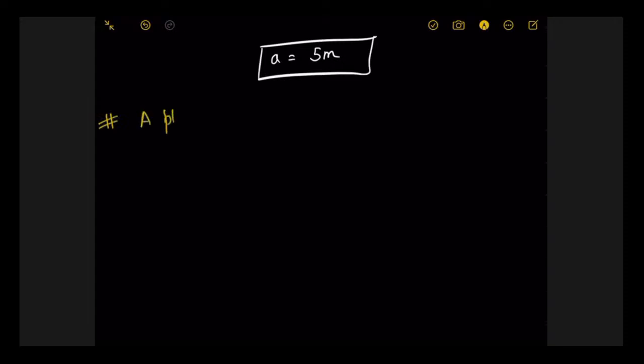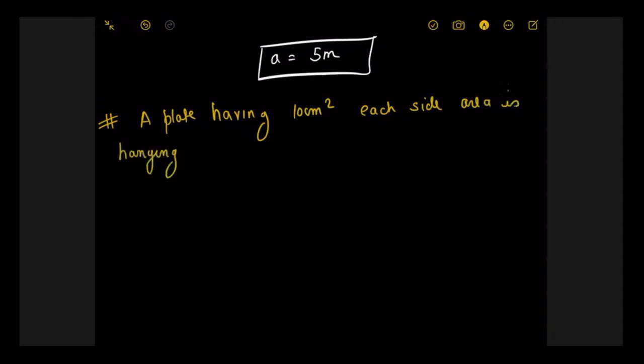Next question. A plate having 10 centimeters square each side area is hanging in the middle of a room of 100 meters square.